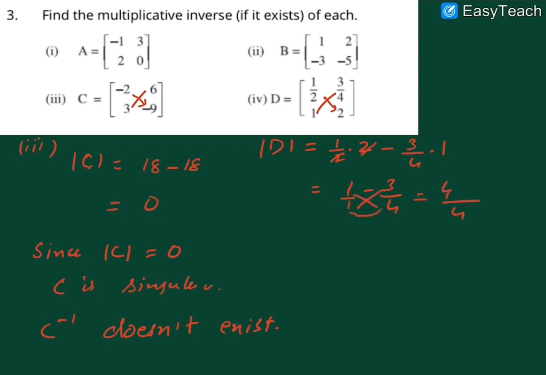Cross multiply, so 4 minus 3, which is 1 by 4. So this is our D determinant. Now what is D inverse? Because it's not equal to 0, it means inverse exists. D is also non-singular. So D inverse will be adjoint of D over D determinant.